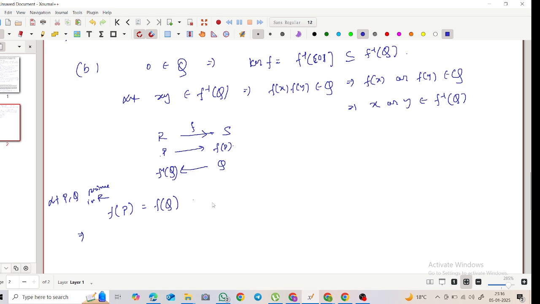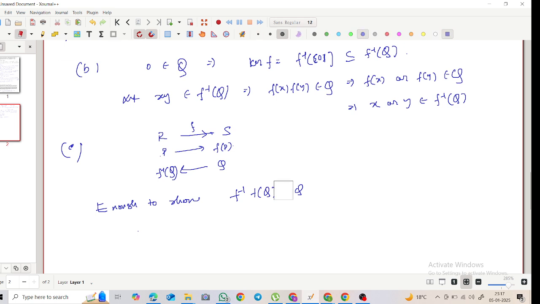But these are also prime in S, and you apply f inverse, these are prime in R. No, it is enough to show, for C, it is enough to show f inverse f(P) is basically P. That's enough.